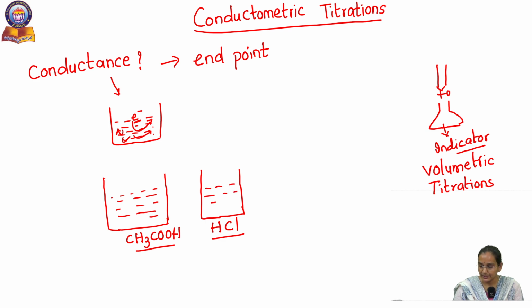If we pass electrons through these two acids, which one will have higher conductance, the weak acid or the strong acid?